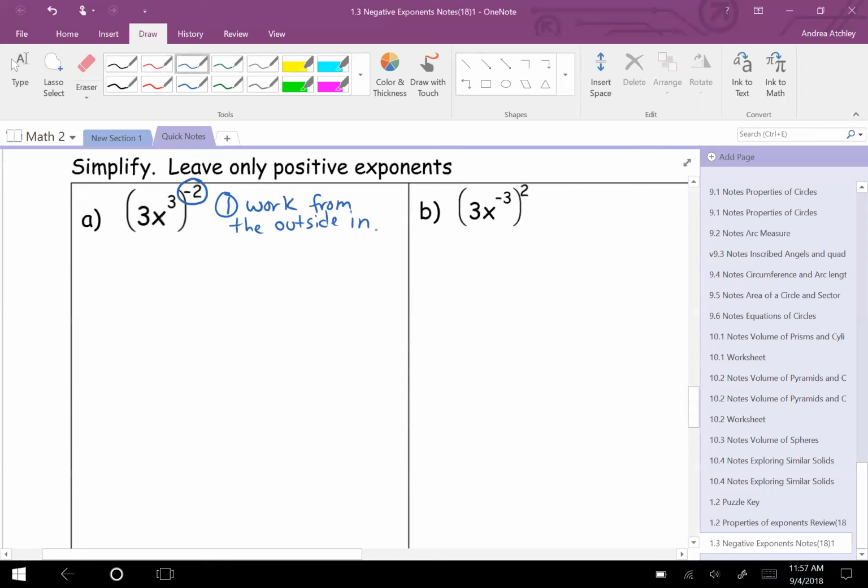So negative exponents, you're gonna flip the base and make the exponent positive.